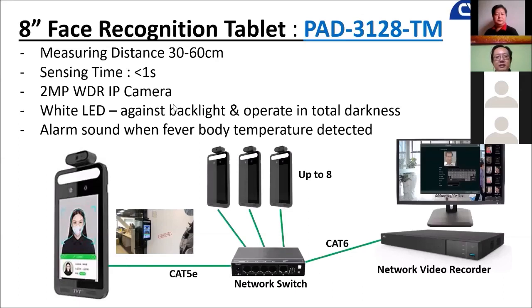The unit itself can be standalone, without adding any recorder, used only as a fever screener. People just go there and get screened, and it shows either a green or a red alarm.